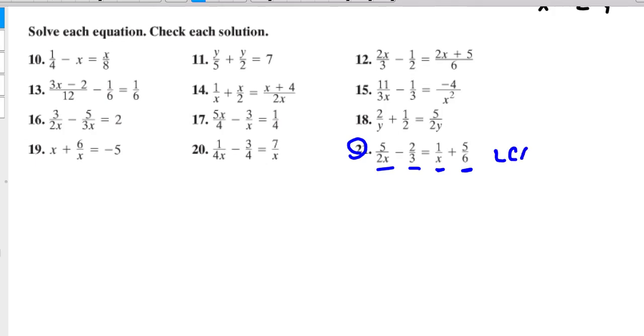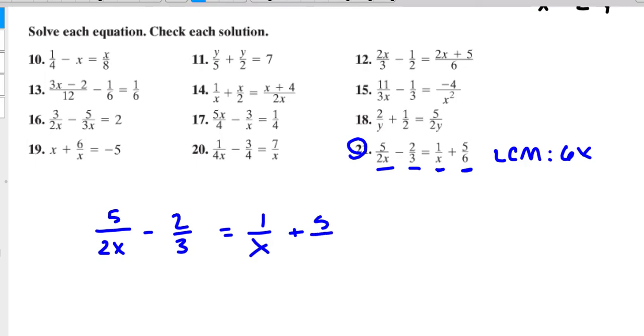So the least common multiple for number 21 is 6x. So now when I rewrite this, 5 over 2x minus 2/3 equals 1 over x plus 5 over 6. So I'm going to multiply each term by 6x. So that happens, this happens, and this happens.